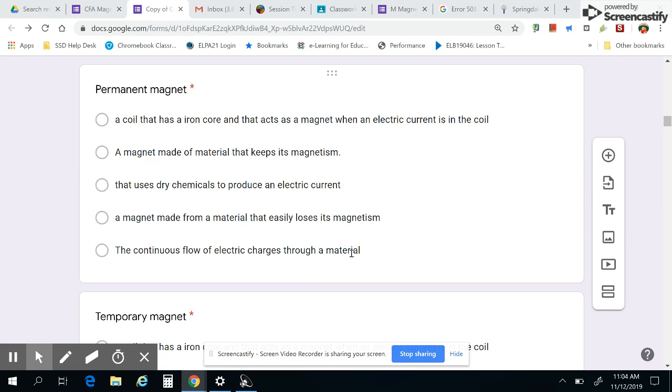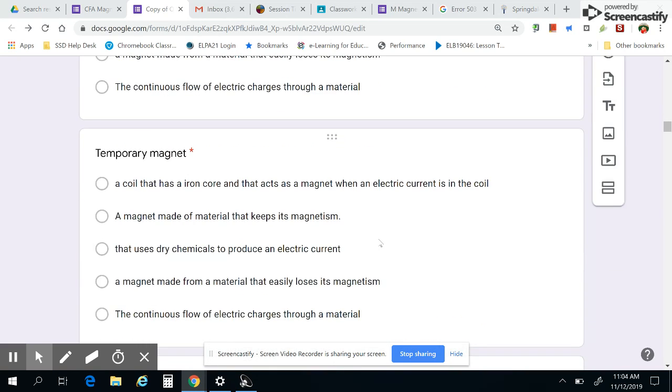Permanent magnet. A coil that has an iron core and acts as a magnet when an electric current is in the coil. A magnet made of material that keeps its magnetism. That uses dry cell chemicals to produce an electric current. A magnet made from material that easily loses its magnetism. The continuous flow of electric charges through a material.